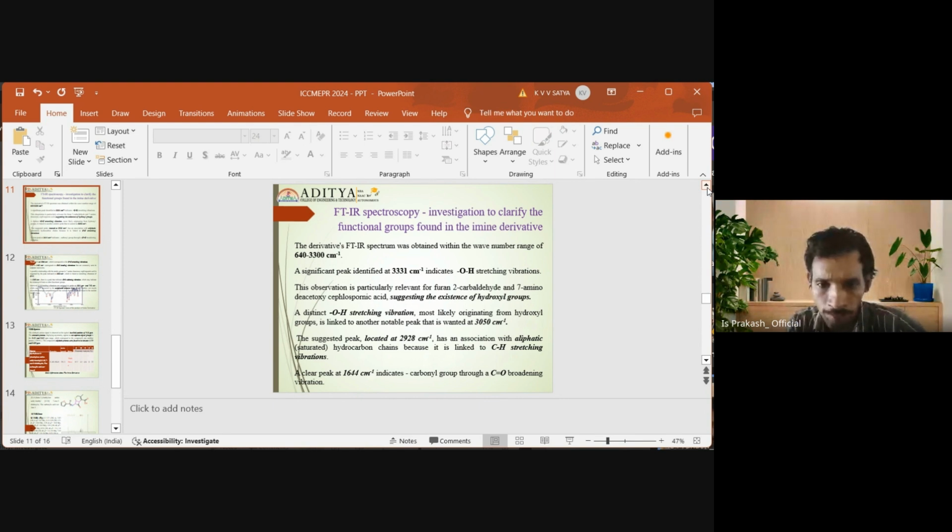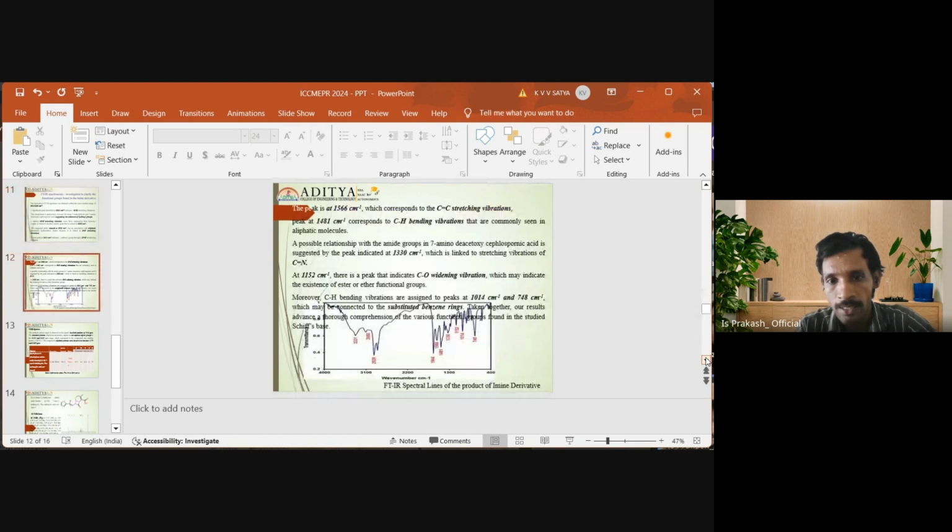Then the compound also contains aliphatic hydrocarbons, which show a stretching vibration peak at 2920. The compound also contains a carbonyl group, which occurs at 1644, and C=C bond with H. Again the compound contains an amide group, which occurs at the 1330 centimeter peak.